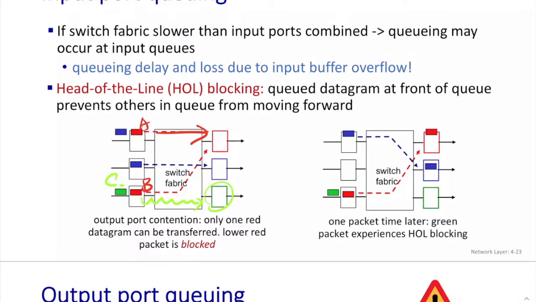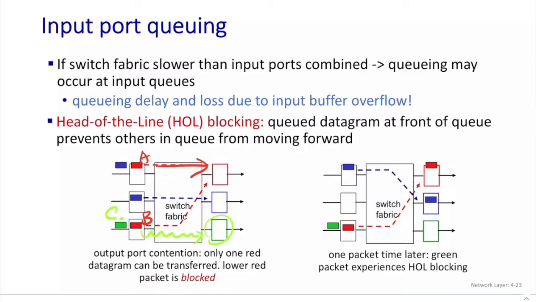Okay, so let's think about one thing. If we know A is blocking B and C, but currently C's green output port is available, could we simply let C go to the green output port first?